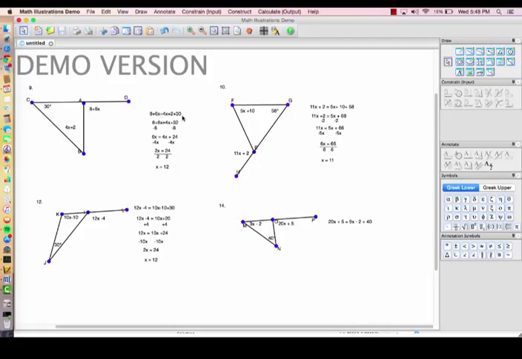Okay, so number 9 is the first one that has this solve for x thing going on. I recognize that I want to solve for x, but it's deep in these angles. So this angle is actually 8 plus 6x, and this angle is 4x plus 2.